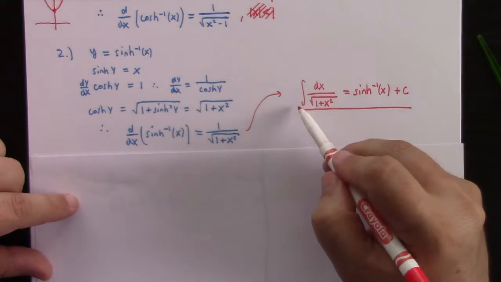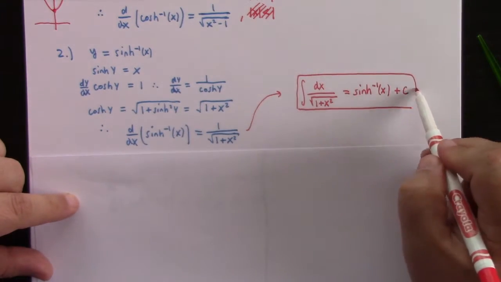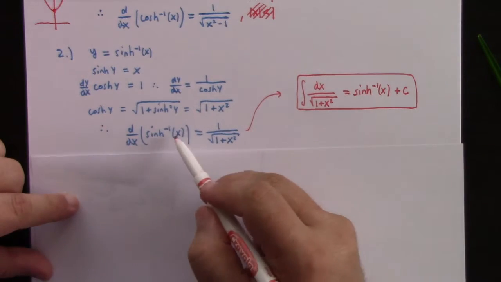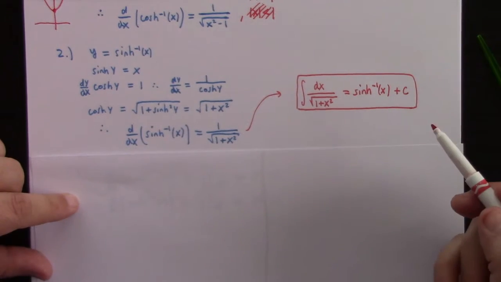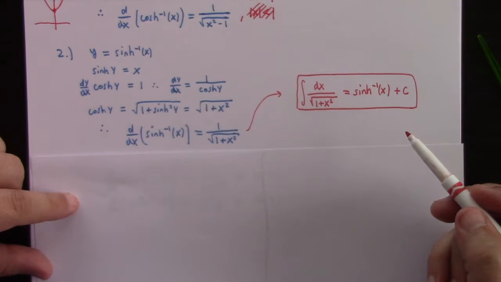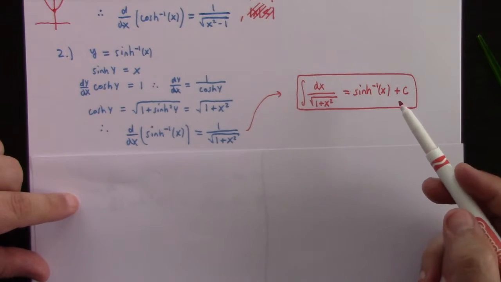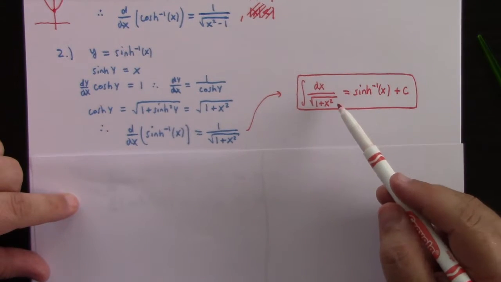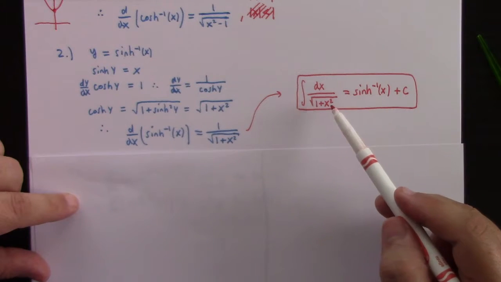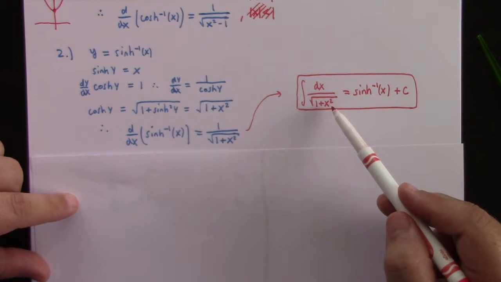And that one has no strings attached because we can take the inverse hyperbolic sine of anything, because the range of sinh is everything. It's injective everywhere. It has a global inverse. And reflectively, this formula for the antiderivative is good for all real x.